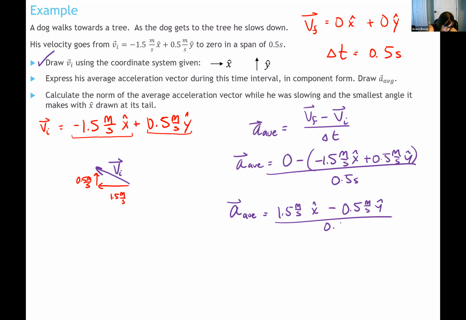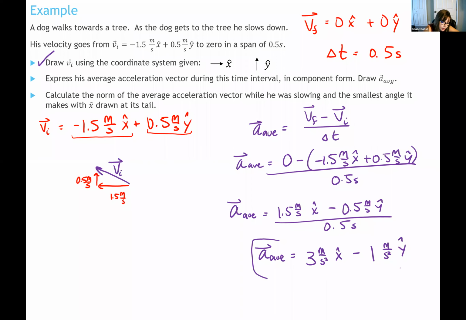All of that is being divided by 0.5 seconds. So 1.5 divided by 0.5 is 3 meters per second squared, because it was meters per second divided by seconds, x hat, minus 0.5 divided by 0.5 is 1 meter per second squared, y hat.